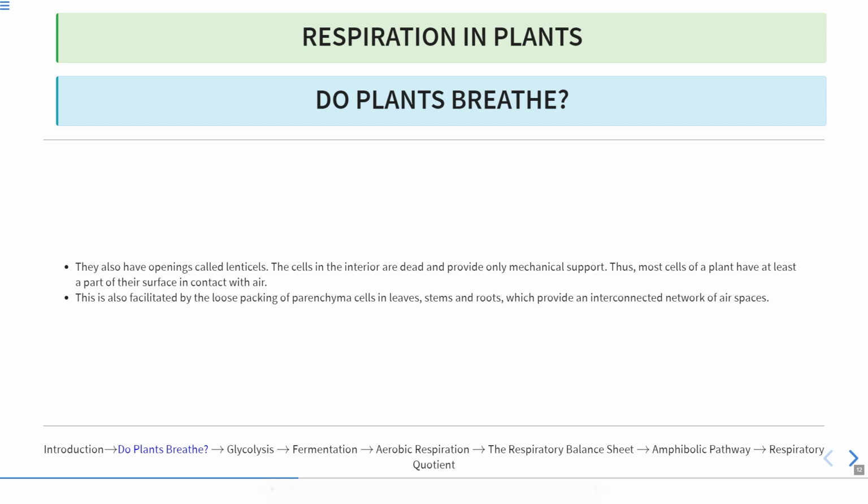Whether it is a root, a stem or leaves, there are air cavities and air spaces. Through these air spaces, oxygen molecules can diffuse to the inner surfaces, and whatever oxygen is required there gets fulfilled in that way.